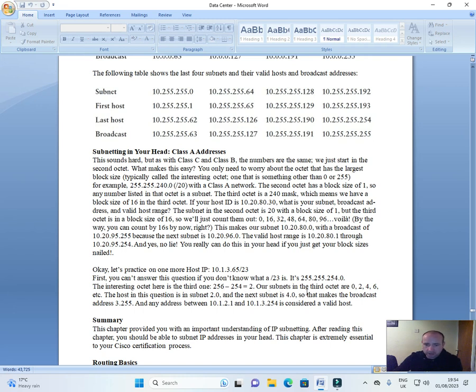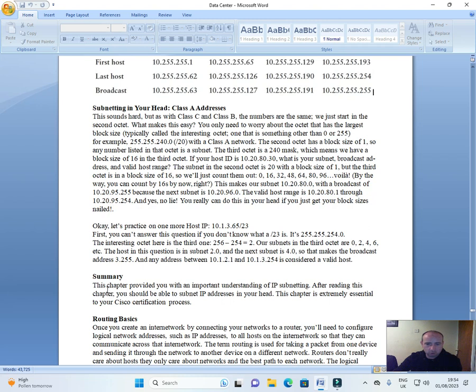Our subnets in the third octet are 0, 2, 4, 6, etc. The host in this question is in subnet 2.0 and the next subnet is 4.0, so that makes the broadcast address 3.255. Any address between 10.1.2.1 and 10.1.3.254 is considered a valid host.